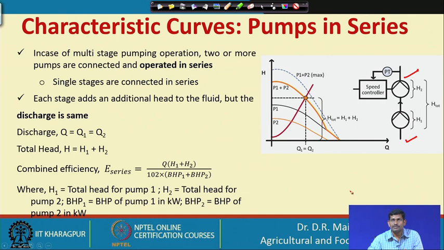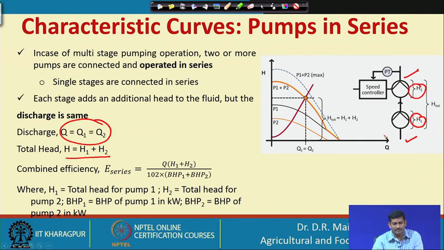These two pumps are connected in series. In series, the effective or final discharge Q will be the same when you connect the two centrifugal pumps, but the head is going to increase. So, it is added up: head due to this pump and head due to this pump.